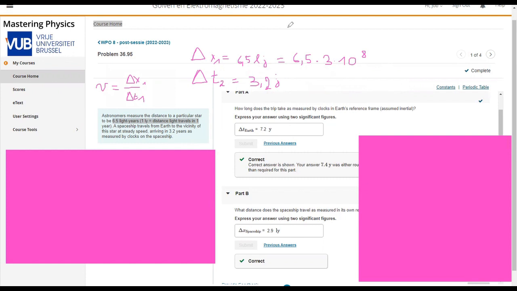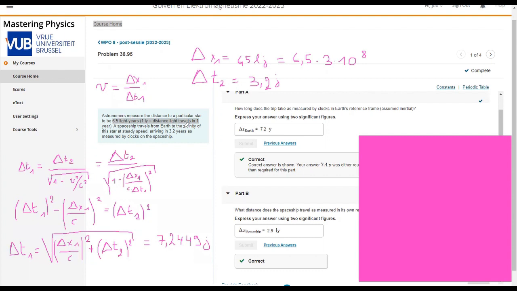Let's get it. You have to use this, of course, to find my T. So basically here you see that T1 is my Earth time, and this one is the time with my star.